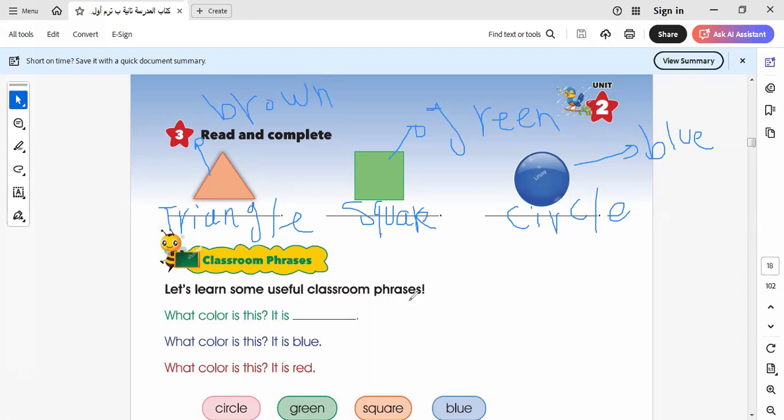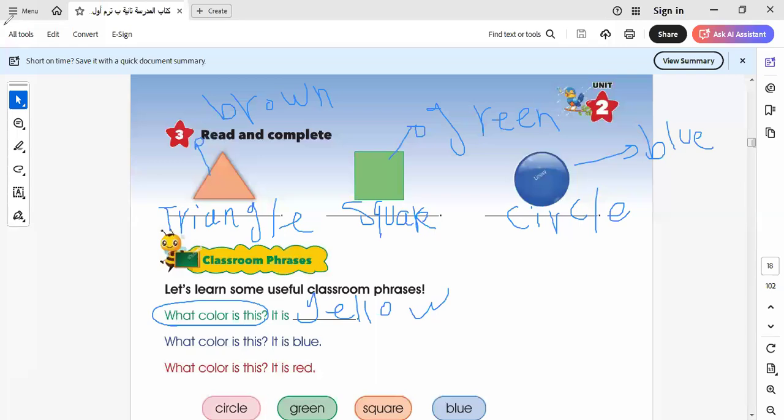Let's learn some useful classroom phrases. What color is this? It's blue. What color is red? I can say it's yellow, for example. Here we use the expression "What color is this?" and the answer is replied with a color: it's yellow, it's black, it's red, and so on.